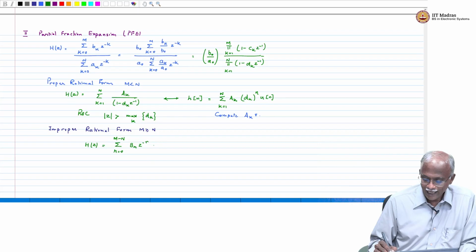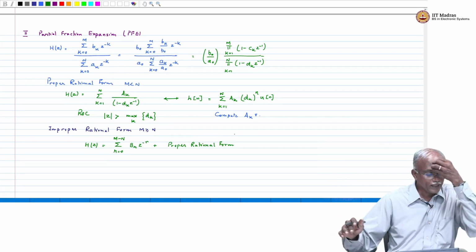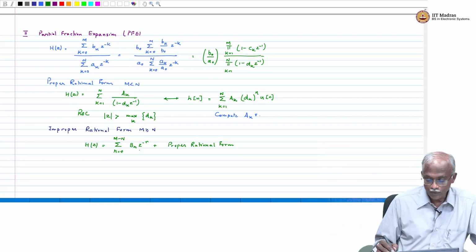Okay, and the remaining part will be a proper rational form. And proper rational form we know how to do, so I'm not going to write it all over again. So now this is something that you must capture.